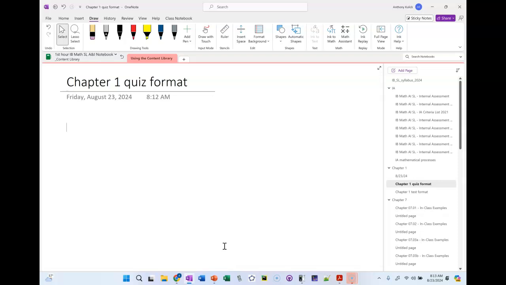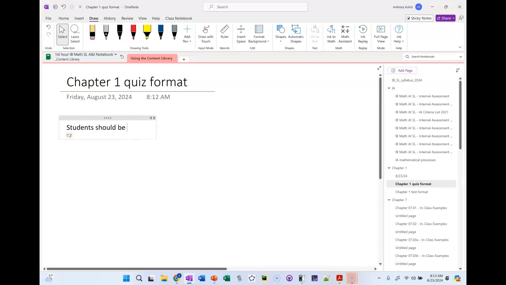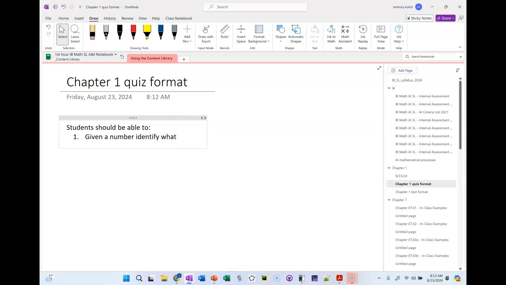So the quiz: if I give you a number, identify what number sets it belongs to. For example, if I give you the number 8, what sets does that belong to?